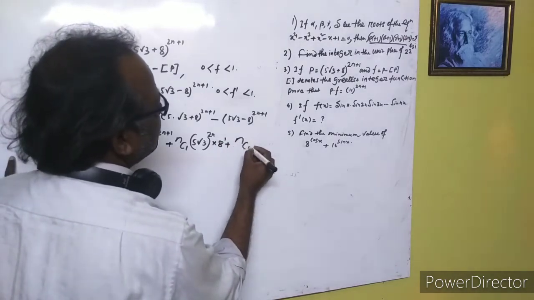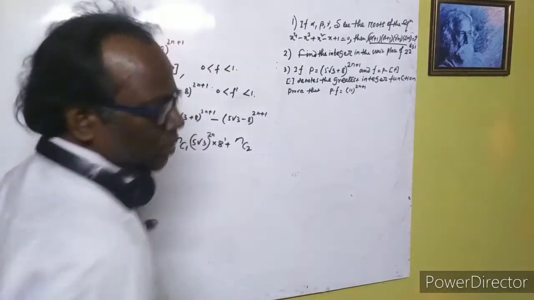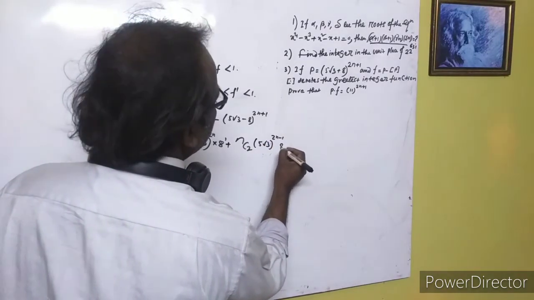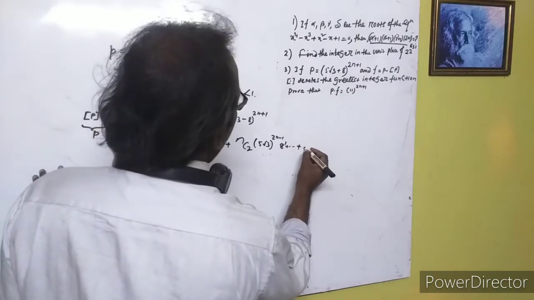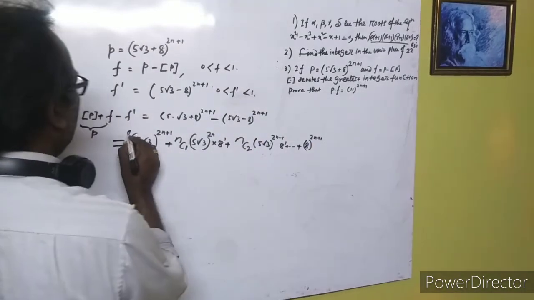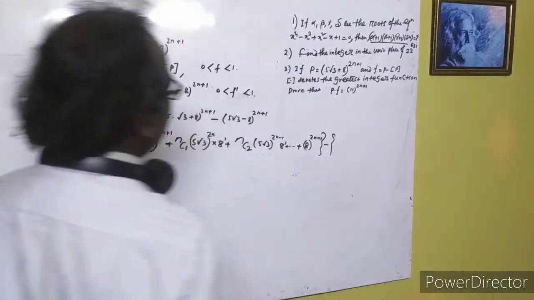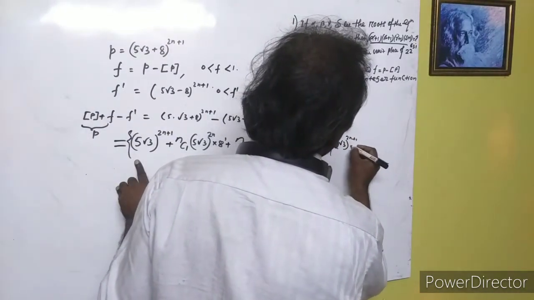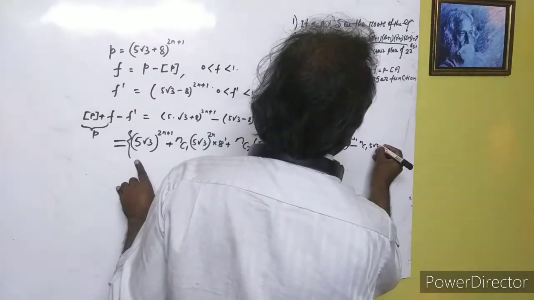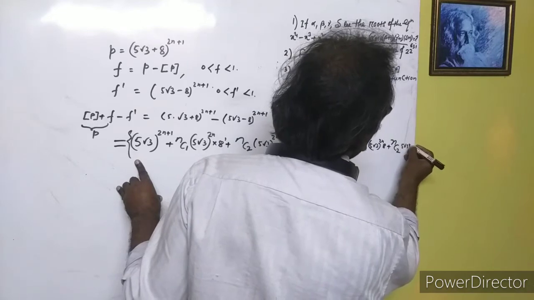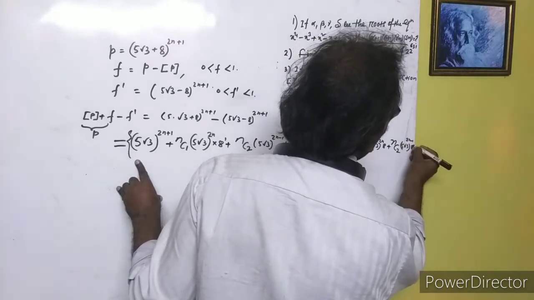Again nC2 (5√3) to the power 2n − 1 into 8 to the power 2, and so on, up to 8 to the power 2n + 1. And the same expression with minus: (5√3 − 8) to the power 2n + 1 is minus nC1 (5√3) to the power 2n into 8, then again nC2 (5√3) to the power 2n − 1 and 8 square.